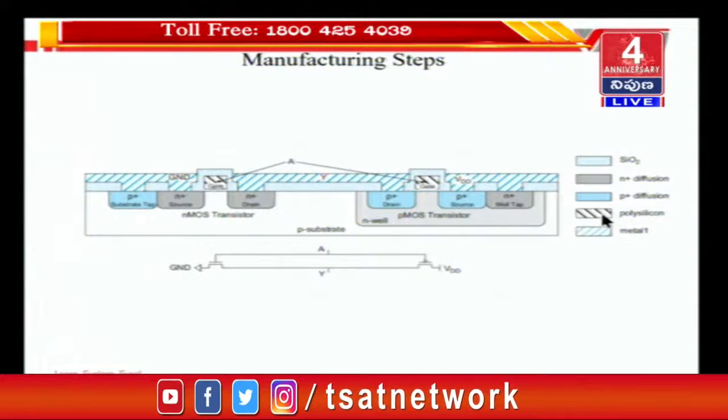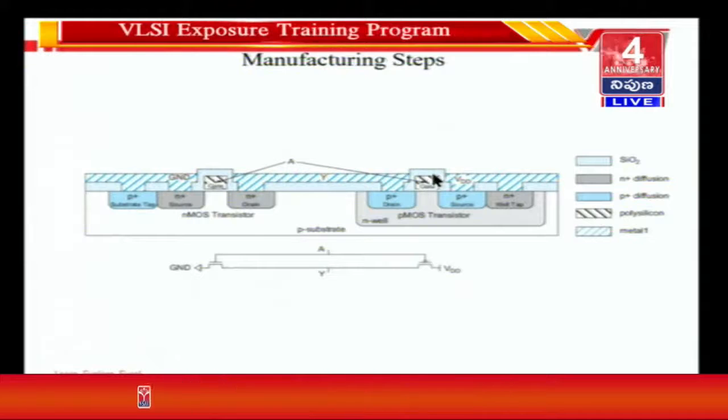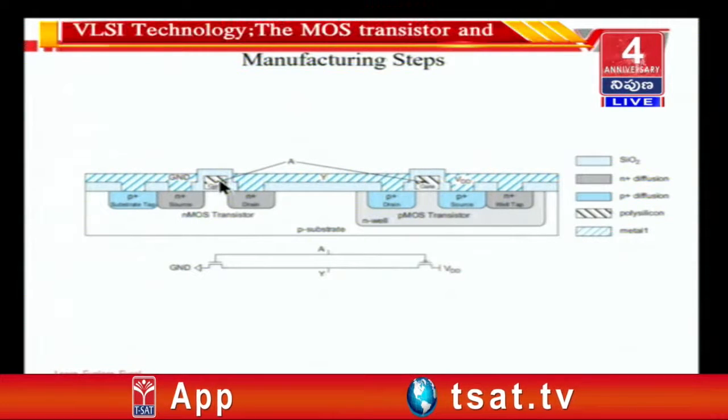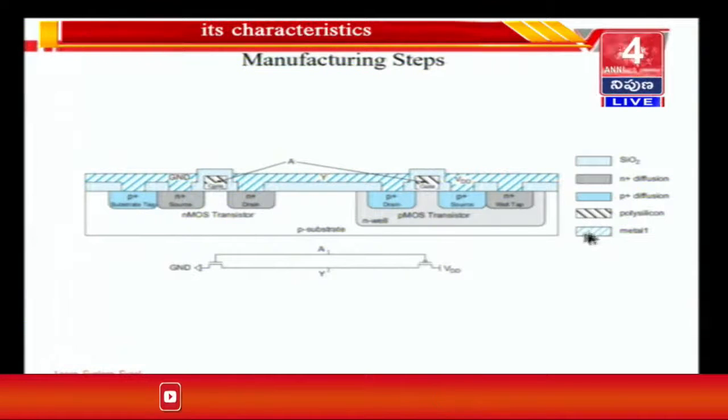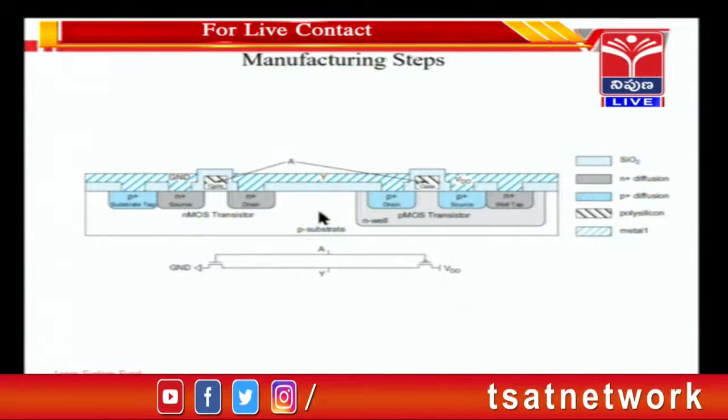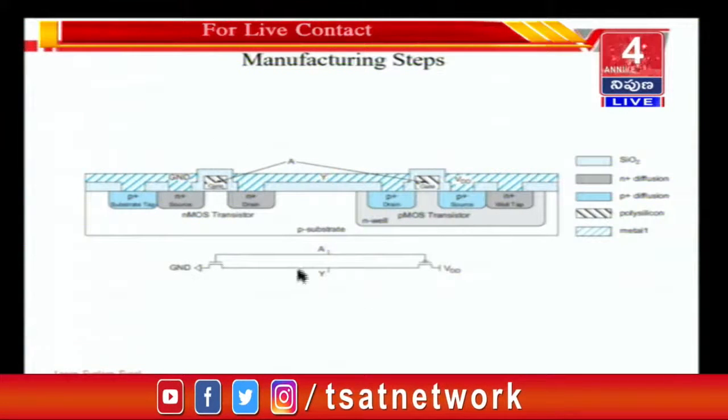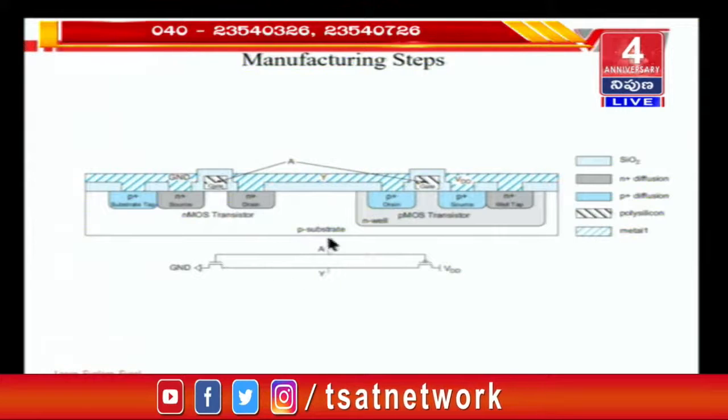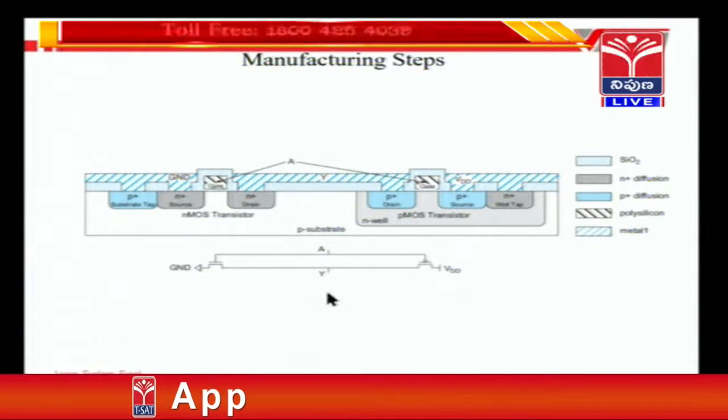This is polysilicon. Where is that polysilicon? This is a polysilicon and this is a polysilicon. Previously this used to be metal, but now it is polysilicon, and this is your metal. This is the circuit of an inverter, and I have shown you how an inverter gets manufactured as a part of the overall ASIC.